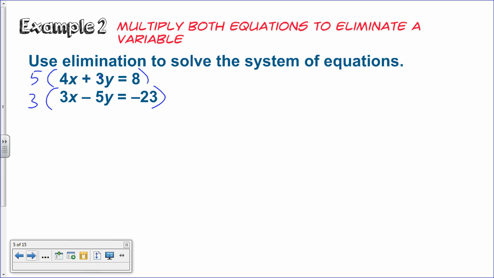Equality tells me that I have to make sure I keep everything equal in the equation, right? Gotta keep it the same. So modifying that gives me 20x plus 15y equals 20. Then I modify the bottom one, and that gives me 9x minus 15y equals negative 69.